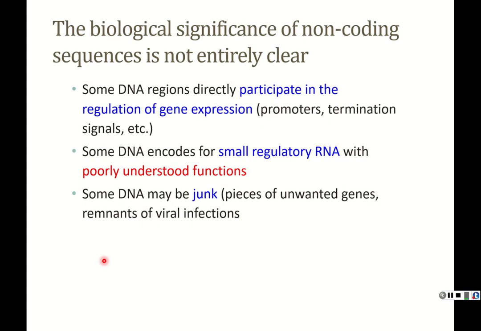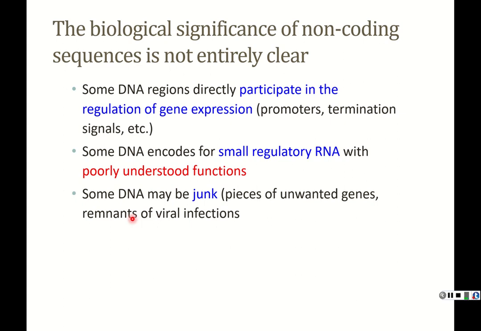So the significance of these non-coding sequences is still pretty unclear. We know that some DNA regions directly participate in the regulation of gene expression. Those are things like promoters and termination signals, and we'll be talking about those in the upcoming lectures. Some DNA encodes small regulatory RNA, and we don't always know exactly what their functions are.